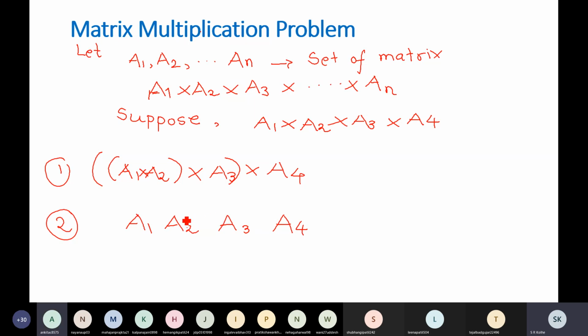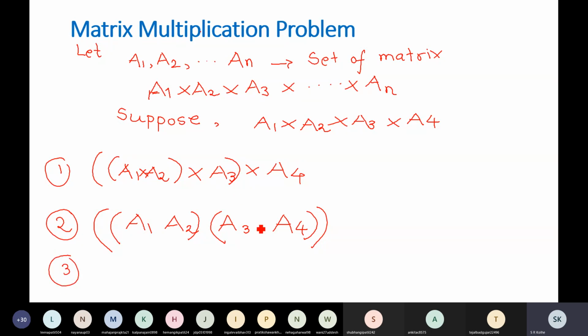So A1, A2 first, then multiply A3, A4, and then multiply the result of A1, A2 with the result of A3, A4. Correct.